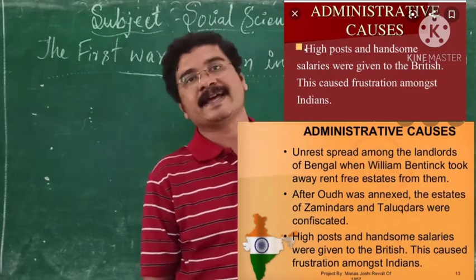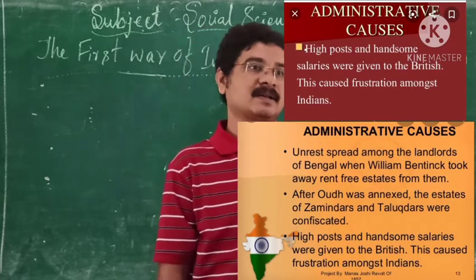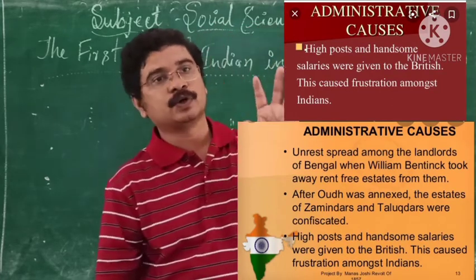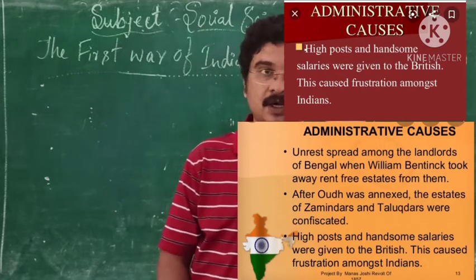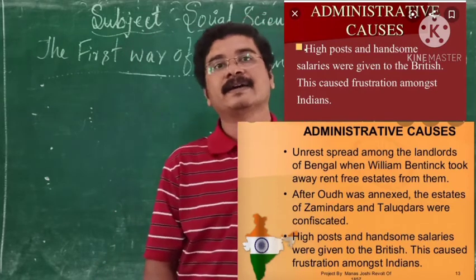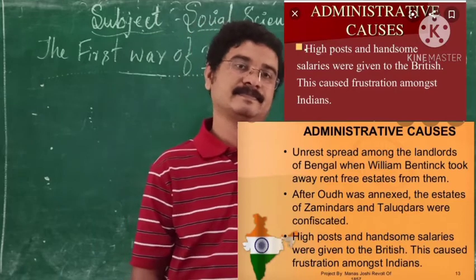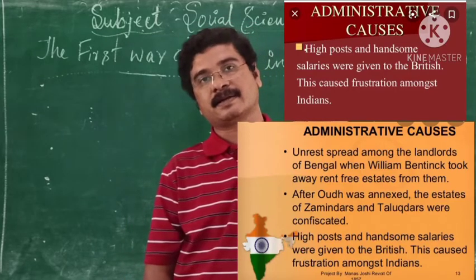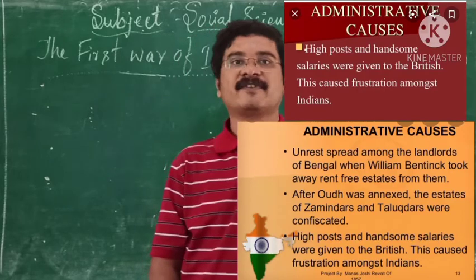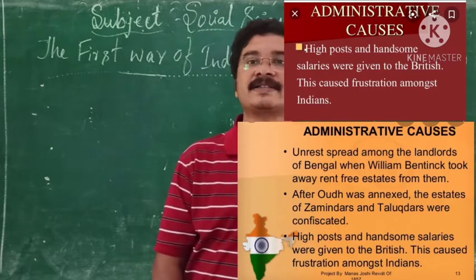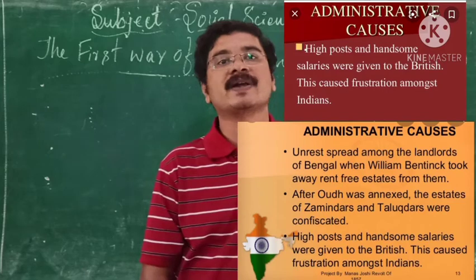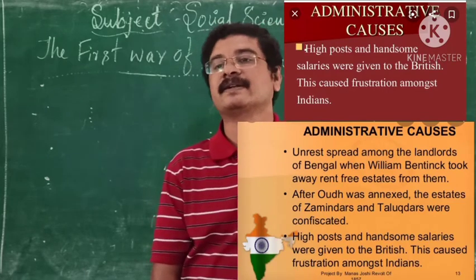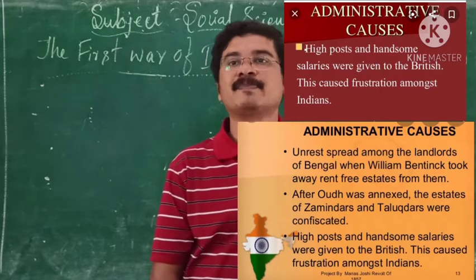During those days, common Indian people did not understand the English language. They suffered a lot due to the implementation of English in the courts, because they could not understand it.